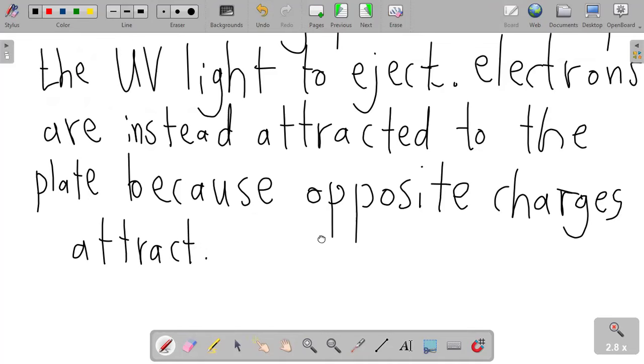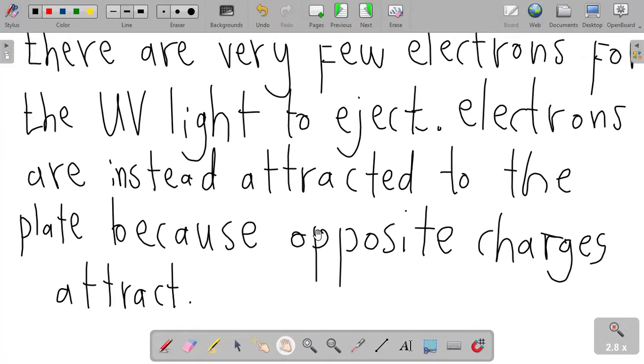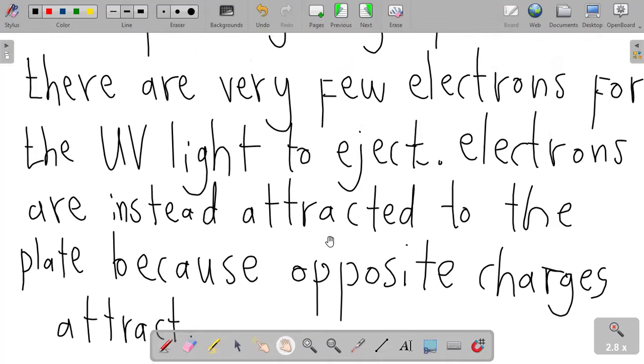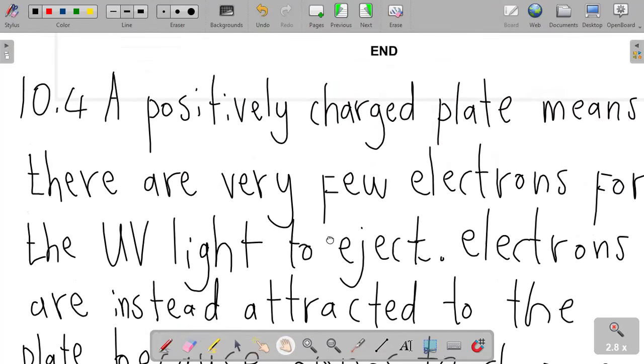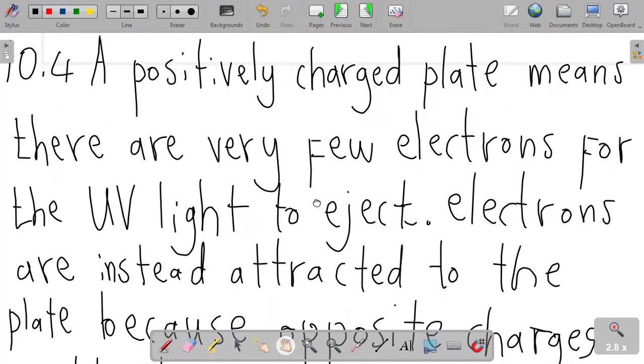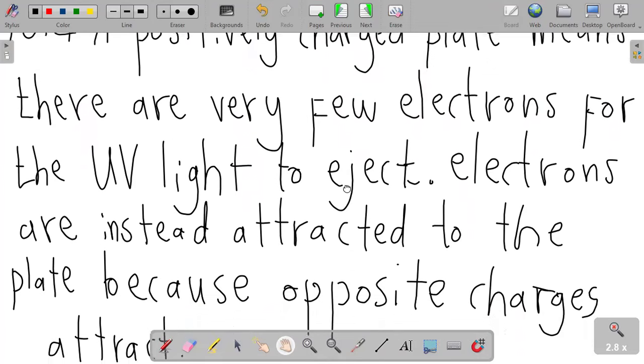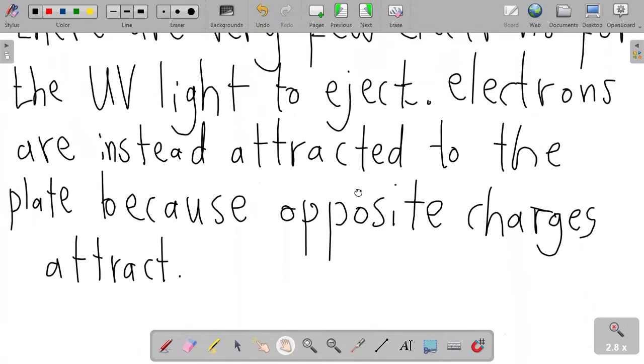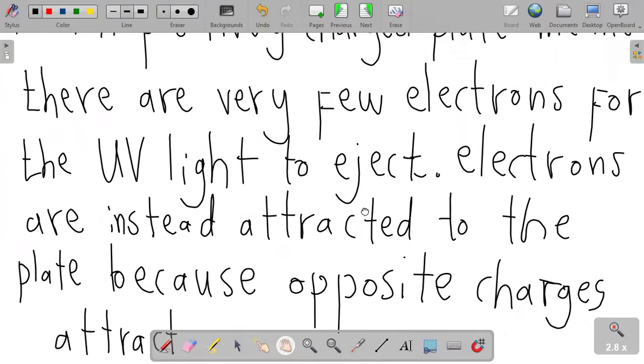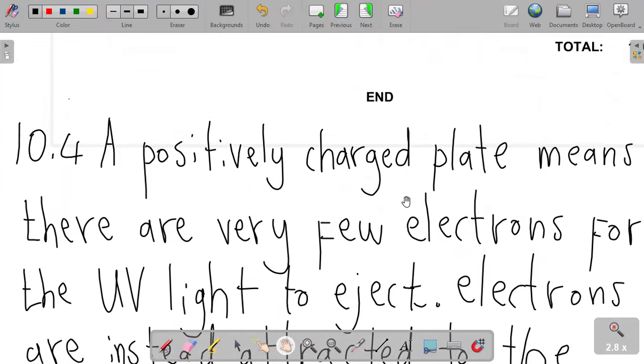So the electrons will be attracted to the plate instead of away from it, because if it's positive, there is no excess of electrons. So there are very few electrons available to eject from the plate. You understand? So that's why.